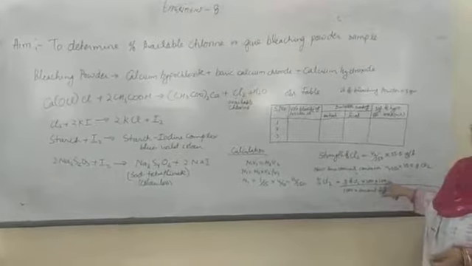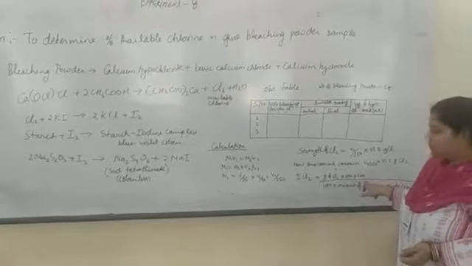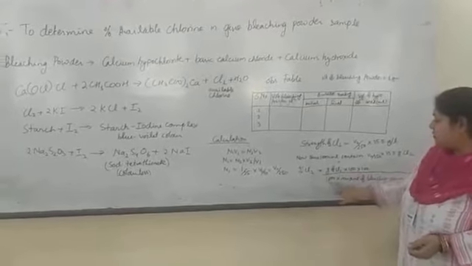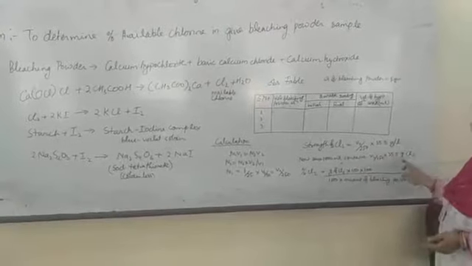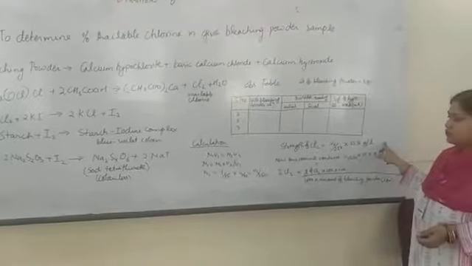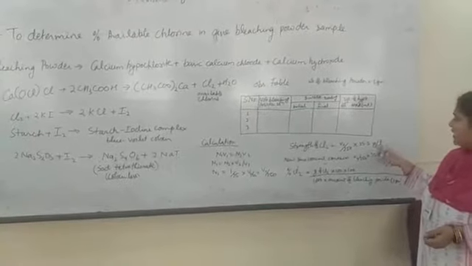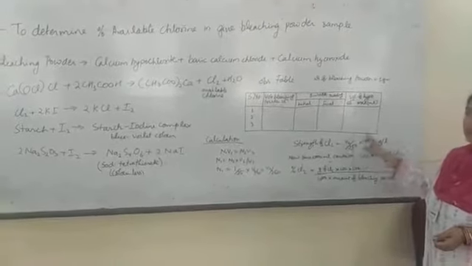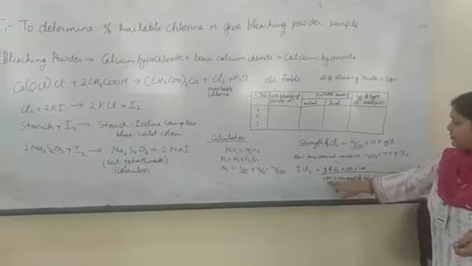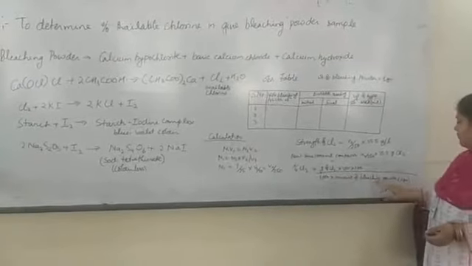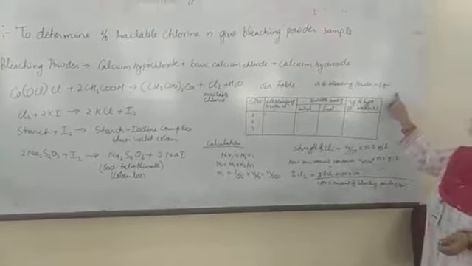Another 100 is because we are going to calculate the percentage of the chlorine. This 1000 is because the concentration is in gram per liter. So this liter, that is 1000 ml, has this much amount of chlorine. So we will put 1000 here, then the amount of bleaching powder, which is 1 gram that we are taking.